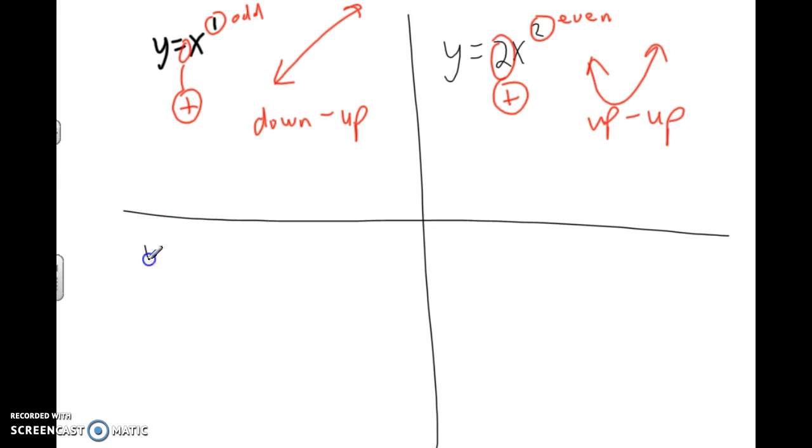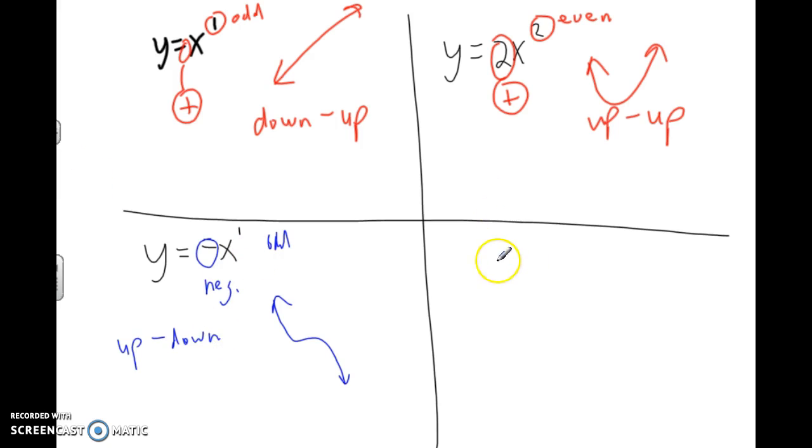And when you have y equals negative x, in other words, when this is a negative value, so negative and odd, negative and odd always starts high, ends low. So it's going to be up, down.